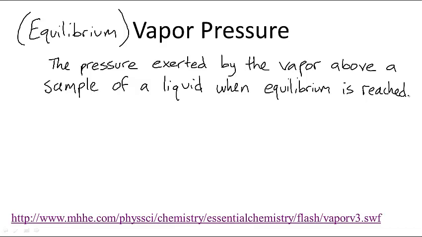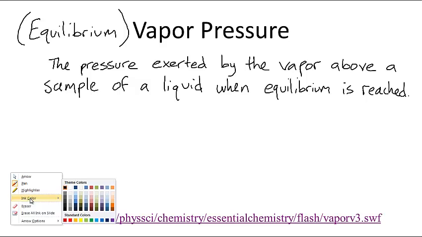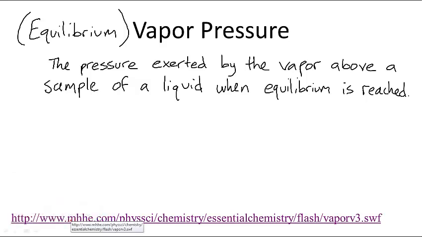So to define vapor pressure, it's the pressure exerted by the vapor above a sample of liquid when equilibrium is reached. And we haven't used the word equilibrium so much this year. I think maybe we can turn the lights back on now. So this word equilibrium, what that means is when the rate of evaporation and the rate of condensation are equal.